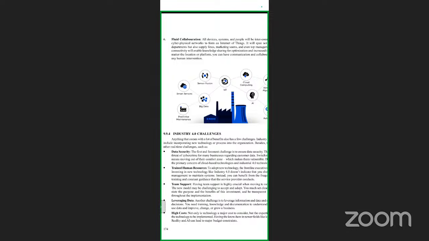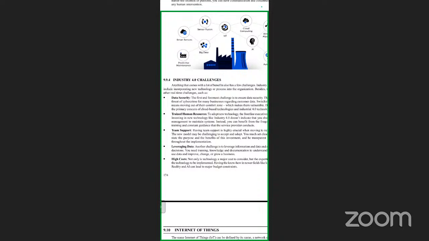Next, we have Industry 4.0 challenges also, simultaneously, when we are introducing the Industry 4.0 revolution. Whenever we talk about Industry 4.0, there are certain challenges that come in the process. There is data security. Why?